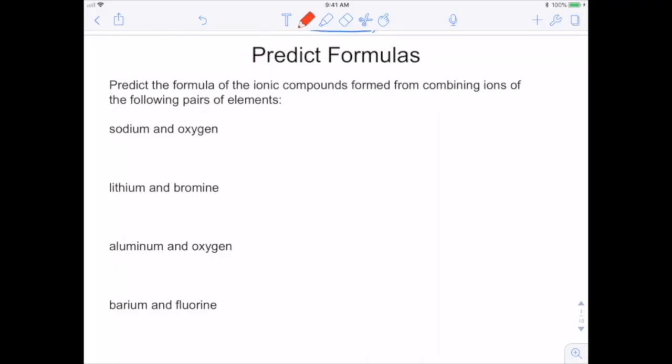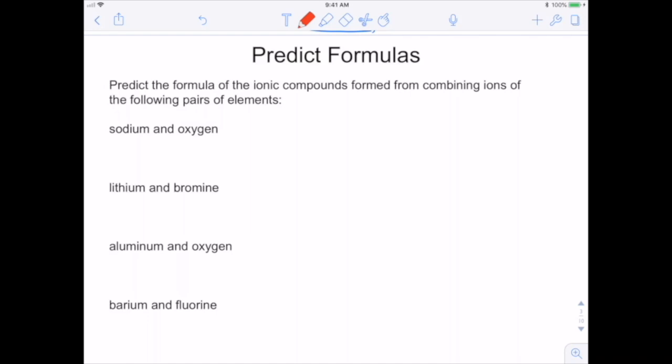So we're going to take a look at these pairs of elements and decide, 1, what kind of ions will they form, and then 2, in what ratios will they form so that overall the compound is a net neutral charge. Now in this case, it's the formula unit, because we don't have just one molecule of these compounds. It forms a large crystalline array.